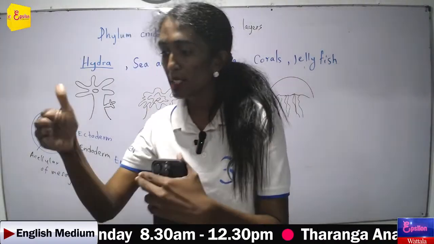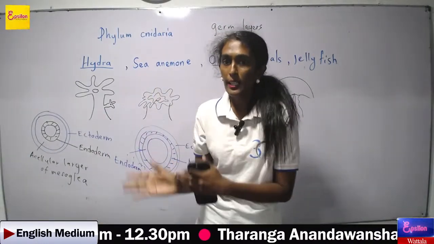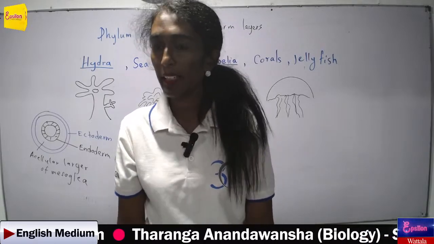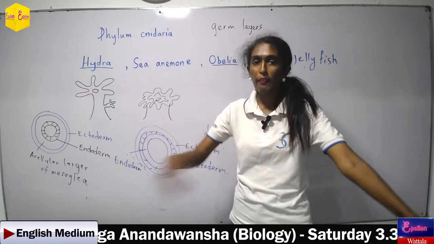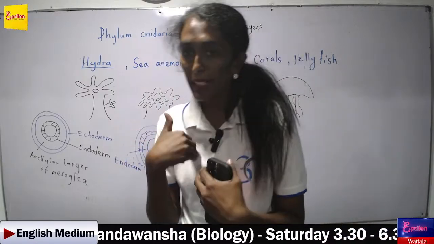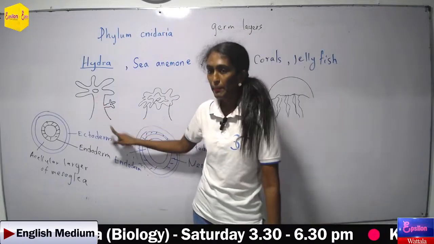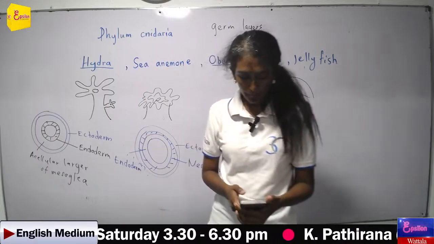Diffusion only occurs for short distances. If they are simple only, the diffusion is successful. Can we do diffusion to exchange things? Luckily no, eh? We have systems because we are big animals, so many of our cells are not in contact with the external environment. But these guys, many cells are in contact with the external environment, right? Okay? Right.